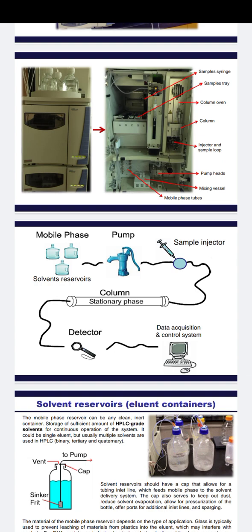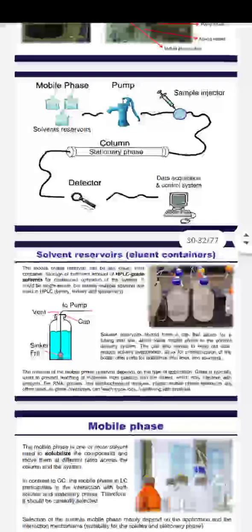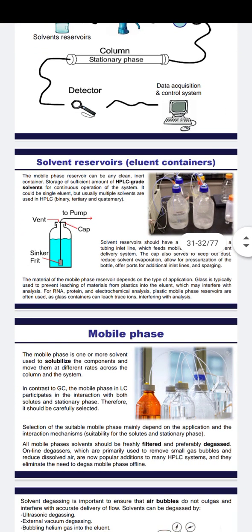Next, whatever sample comes out is detected by the detector, and after that in the computer the data acquisition and control system takes place. So this is the system or setup of the HPLC, and different parts are going to be used.